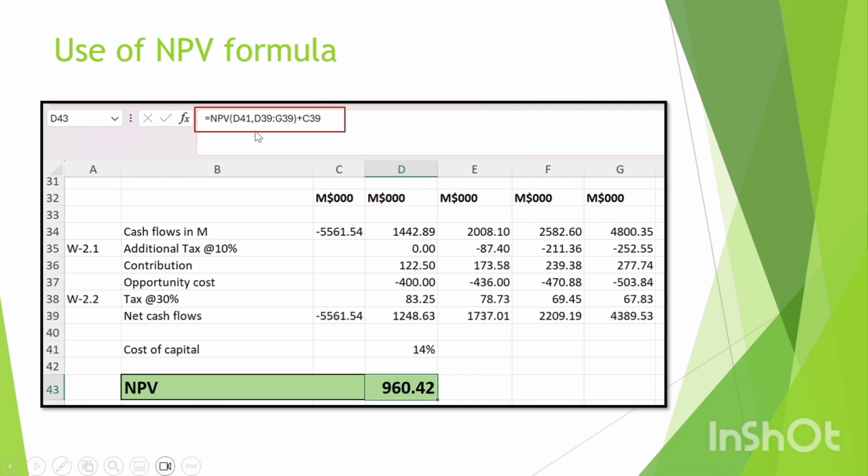So in the bracket, the very first thing is we include the cost of capital, then a comma, then include the values from year 1 to the end of the year, close bracket, and apart from this, add the value in year 0, which is basically the initial investment. So by this we calculate the NPV. Try to use this formula instead of using the tabular format. This will actually save your time.